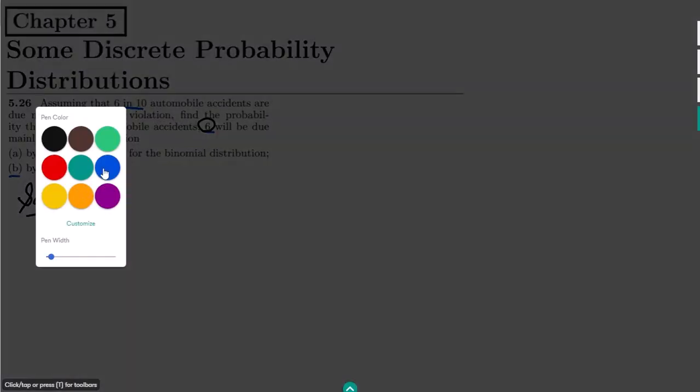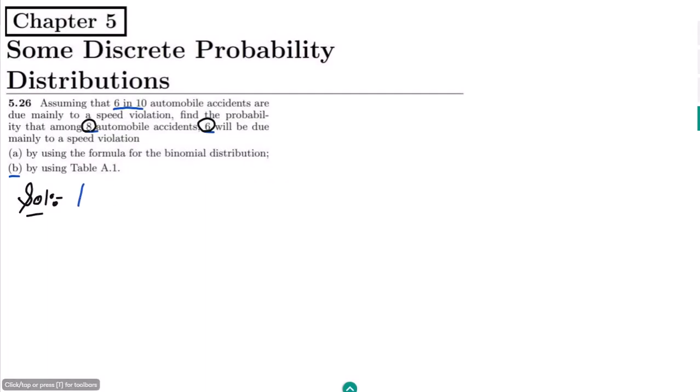According to the binomial probability distribution, if I want to find the probability of x equal to k, this is n choose k, multiplied by the probability of each success, p raised to power k, and 1 minus p raised to power n minus k.